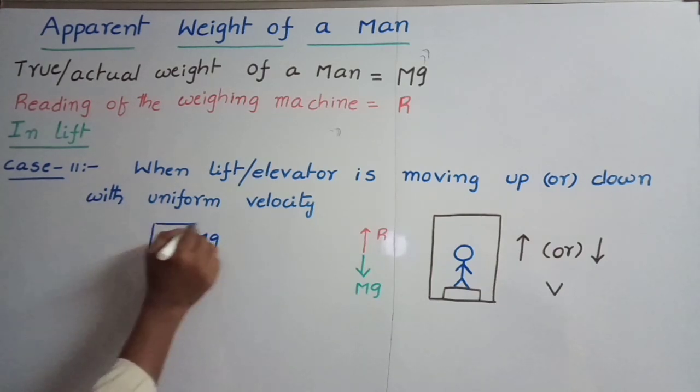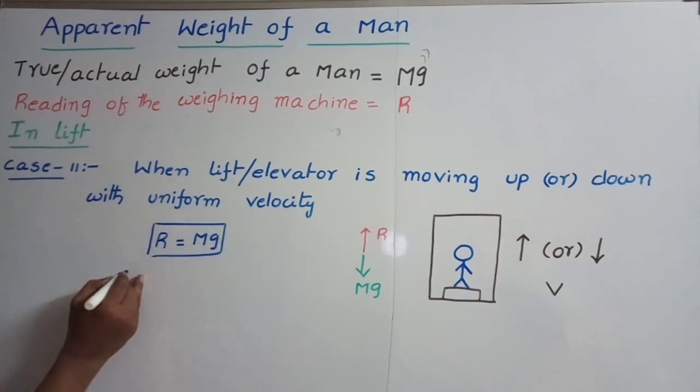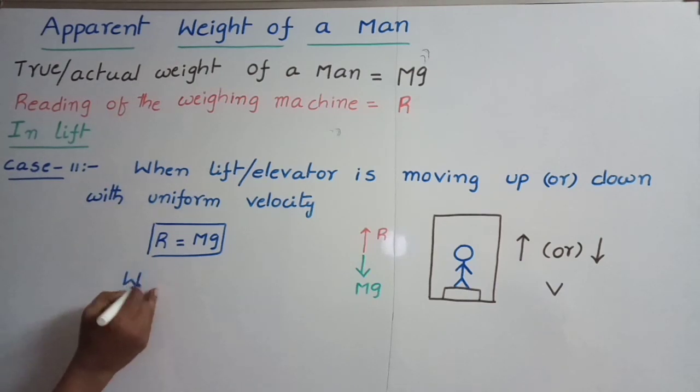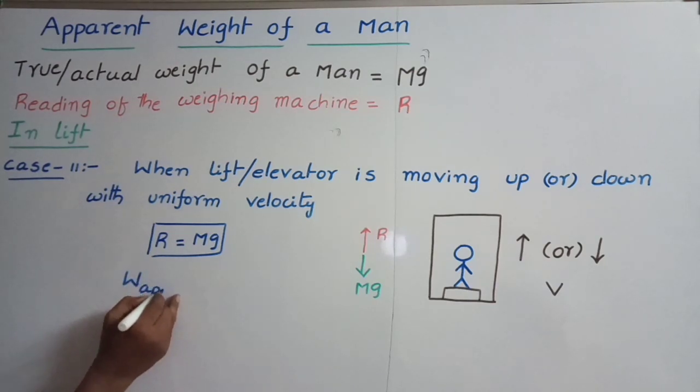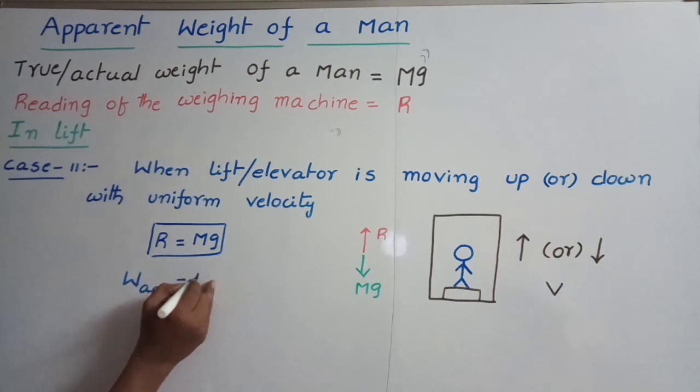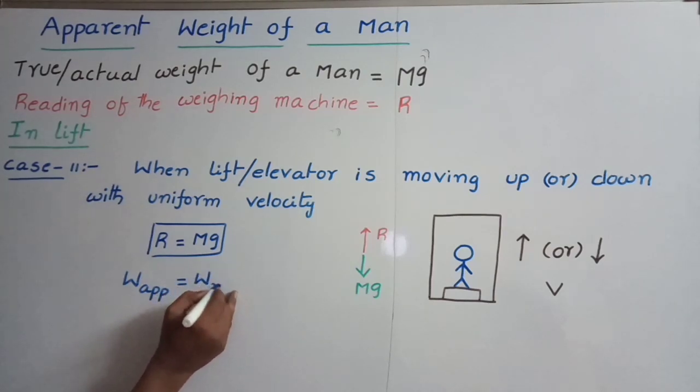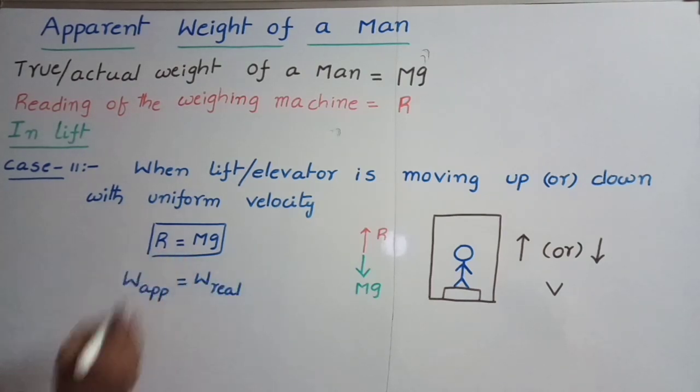Here also, the apparent weight is equal to the real weight. After starting for a few seconds, the lift moves with uniform velocity. Coming down is also the same, it is moving with uniform velocity.